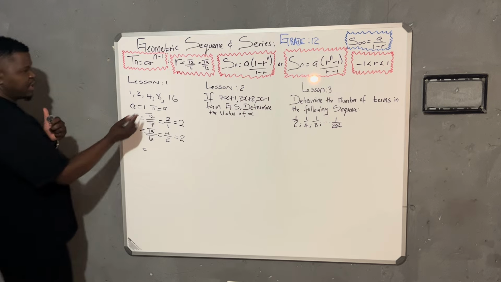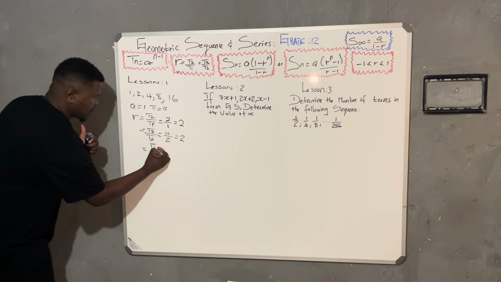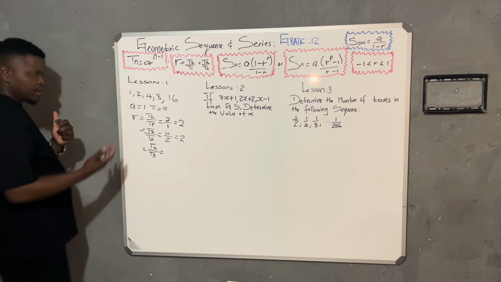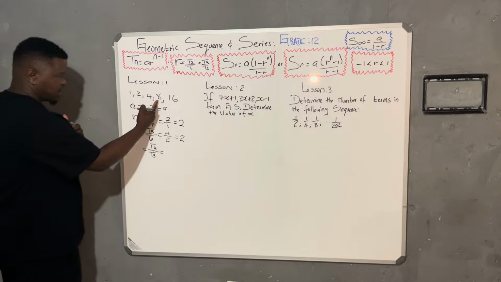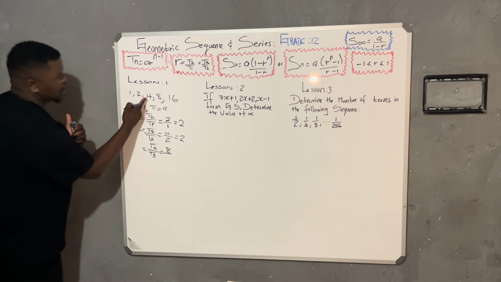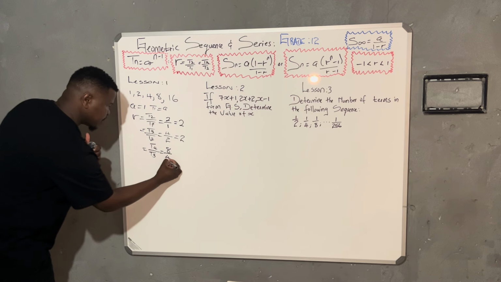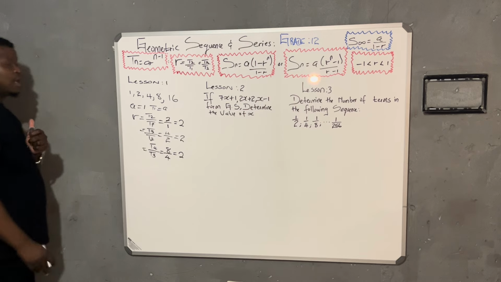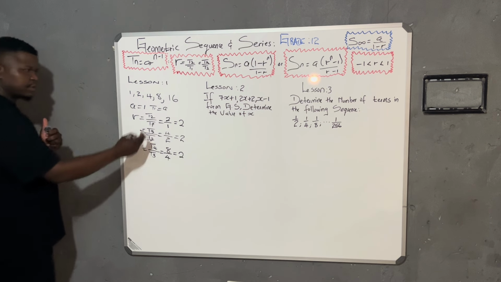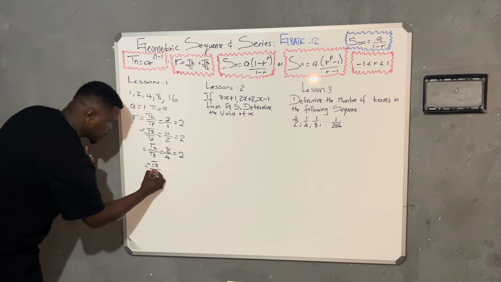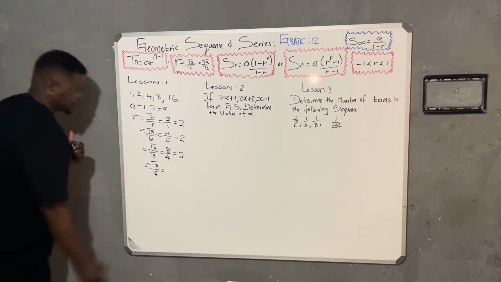Furthermore, what if I say term number 4 divided by term number 3? Let's work on it. Term number 4 happened to be 8 all over term number 3, which is 4. Now, 4 into 8 goes twice. Furthermore, term number 5 over term number 4.